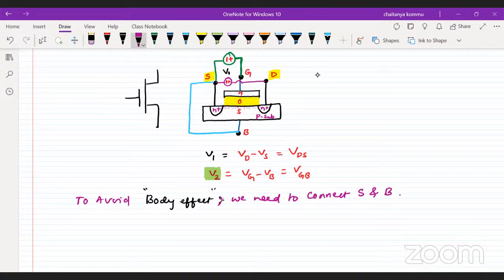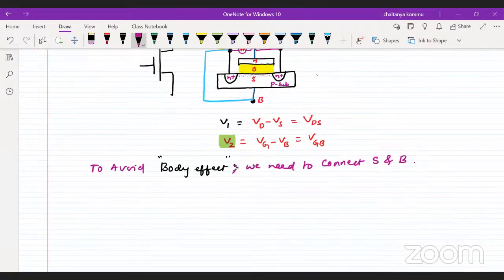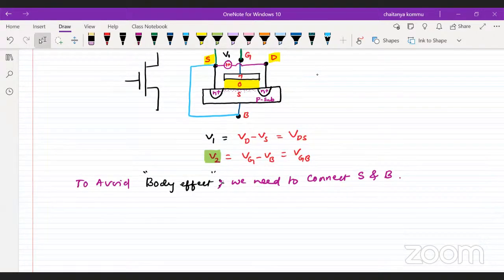Now, what do you mean by the body effect? The body effect means that the source and body are at different potentials.